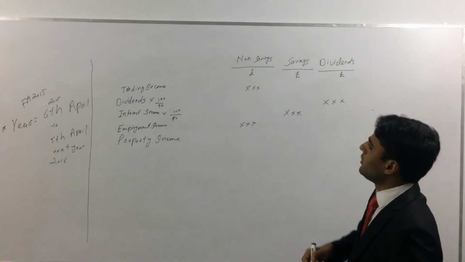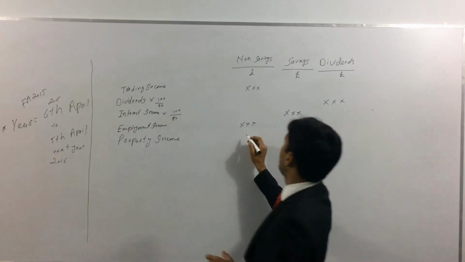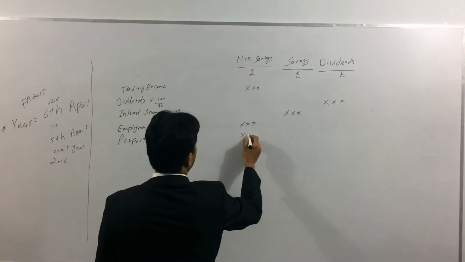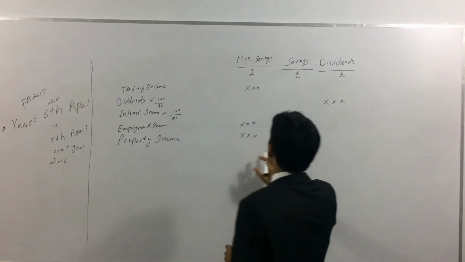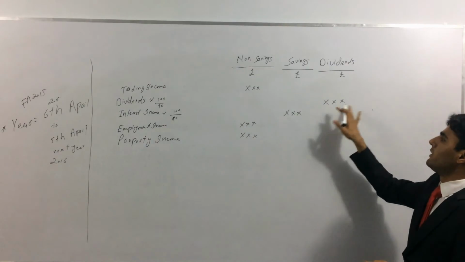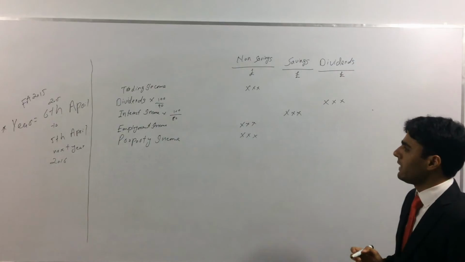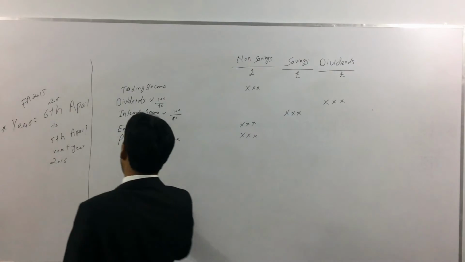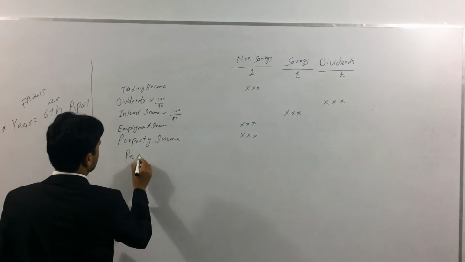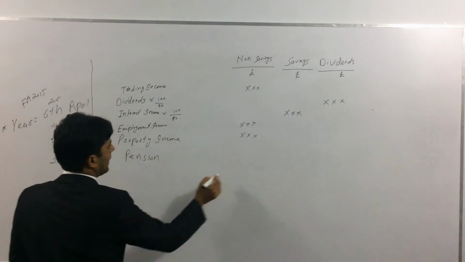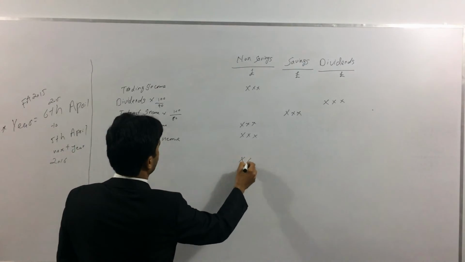And it will go into the non-savings income, right? Only interest will go into the savings and dividends will go into the dividends. Everything else will go into the non-savings. All right? Now, I may have pension as well. It will also go into the non-savings.